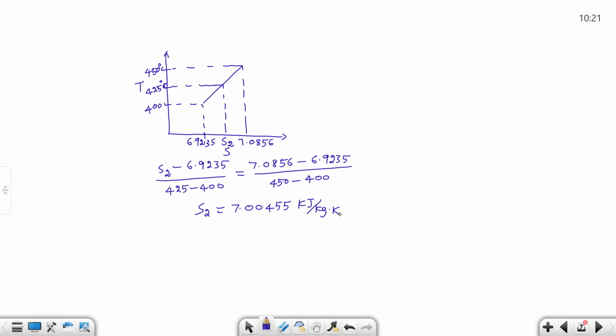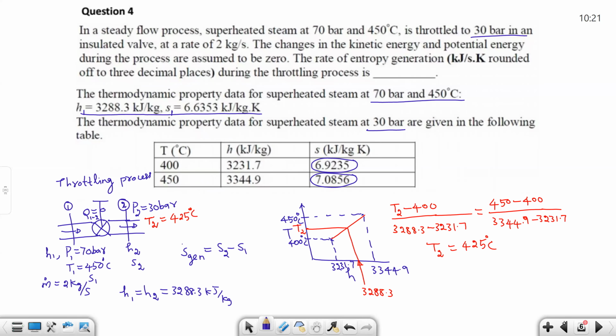So this is your S2. Now you go back and find out.